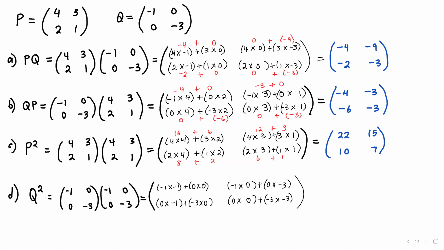All right, so let's simplify now. -1 times -1 is +1. 0 times 0 is 0. -1 times 0 is 0. 0 times -3 is 0. 0 times -1 is 0. -3 times 0 is 0. 0 times 0 is 0. -3 times -3 is +9.